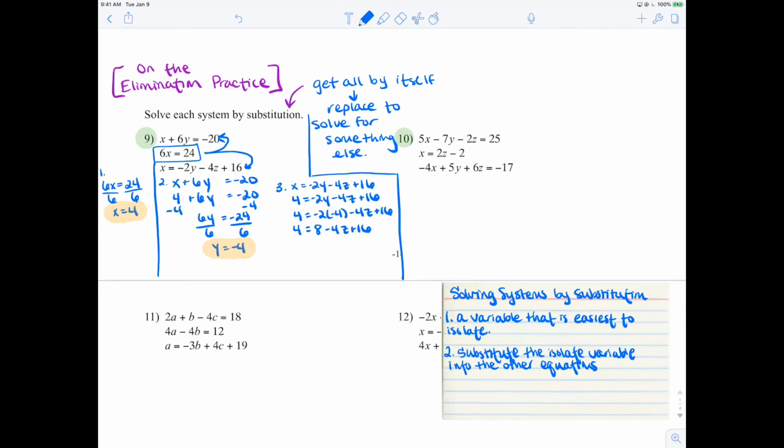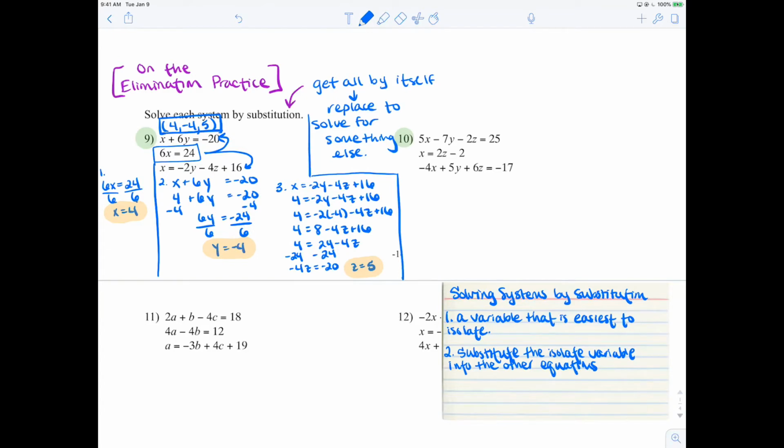We combine our like terms, and 8 plus 16 is 24. So 24 minus 4z. We subtract 24 from each side. And if negative 4z equals negative 20, then z equals positive 5. And that's the last value in the triplet of our solution: 4, negative 4, and positive 5.